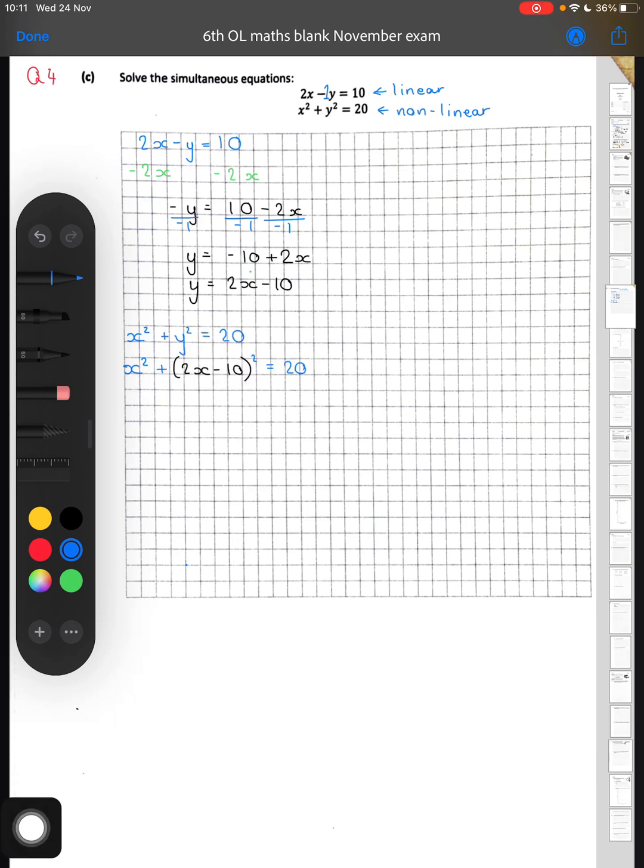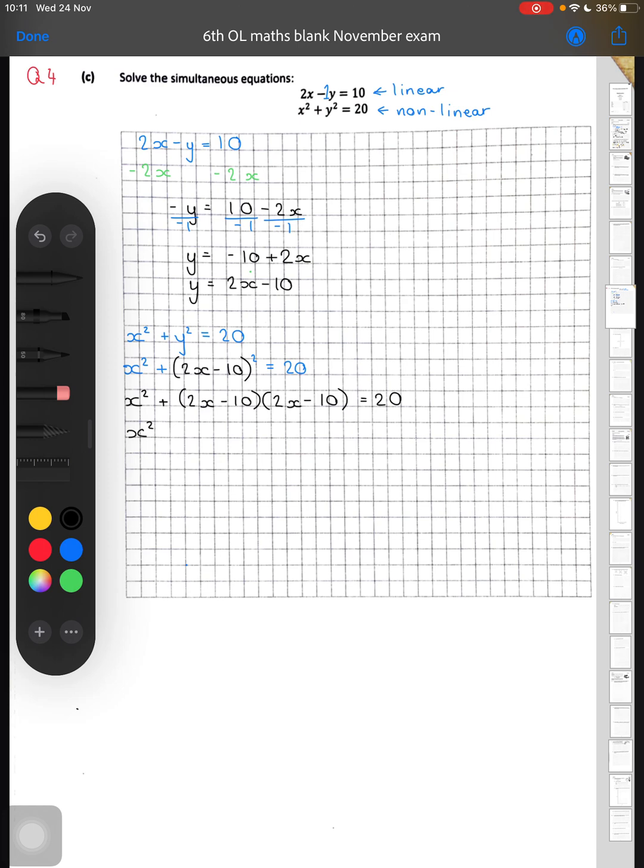This is being squared, so it's being multiplied by itself. I'm going to rewrite it as 2x minus 10 by 2x minus 10, to remember to multiply it correctly, equal to 20.